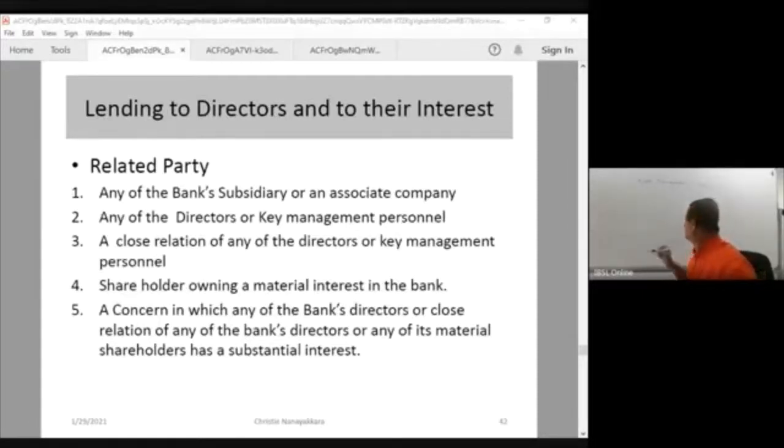So we'll take a bank A, and we have 3 companies who have funded the share capital.